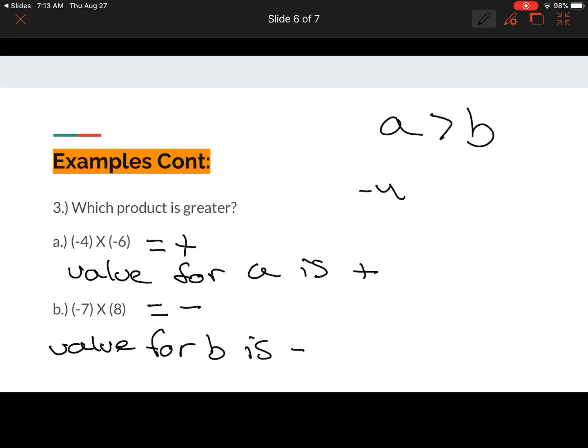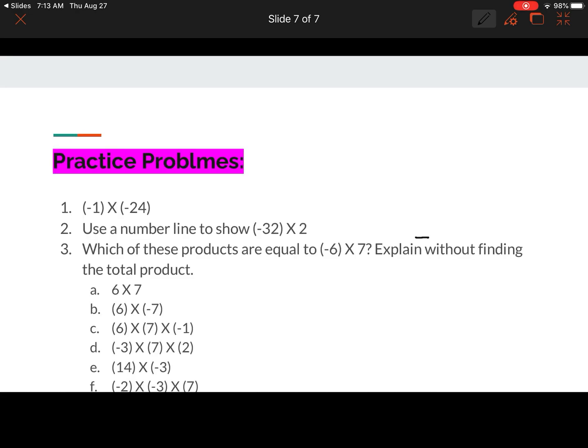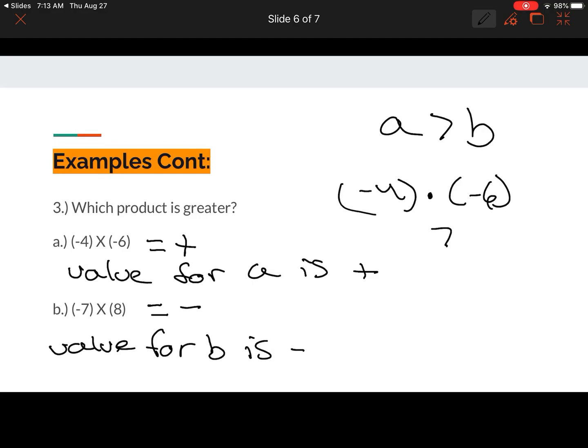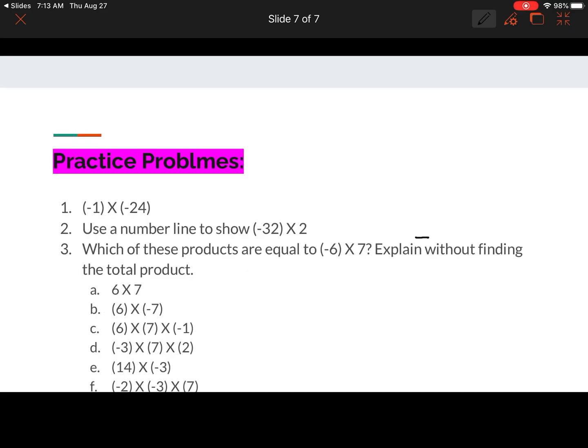So that means that negative 4 times negative 6 is greater than negative 7 times 8. That's how we could see, using our principles of what multiplication means, which values are greater.